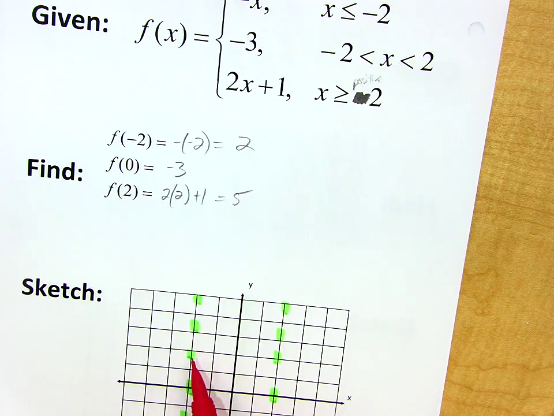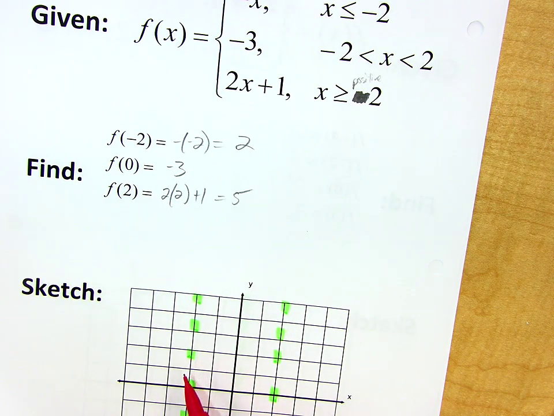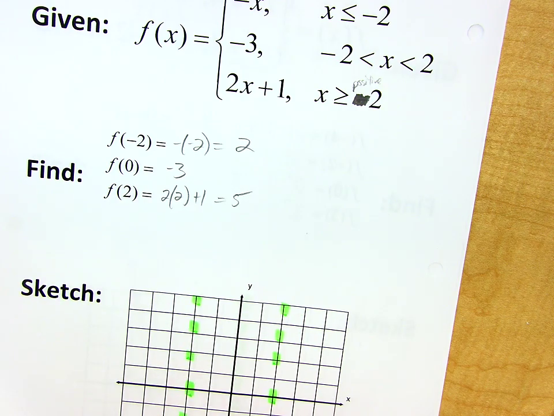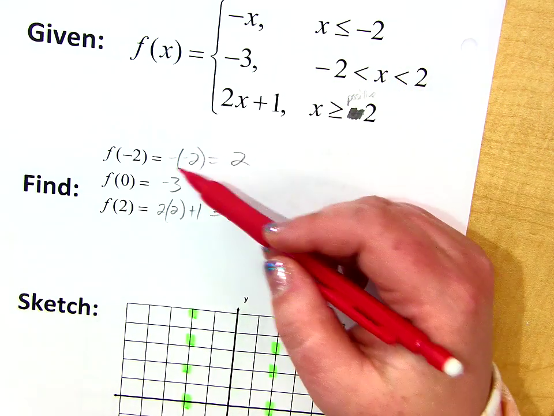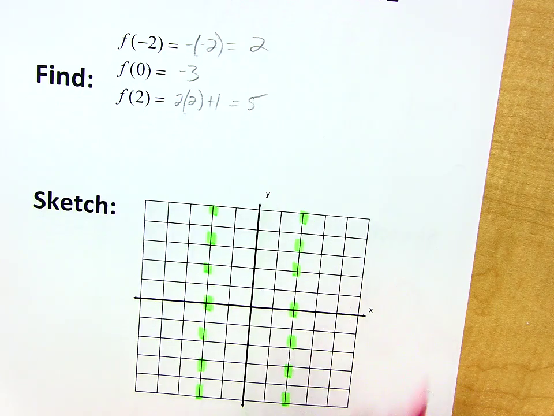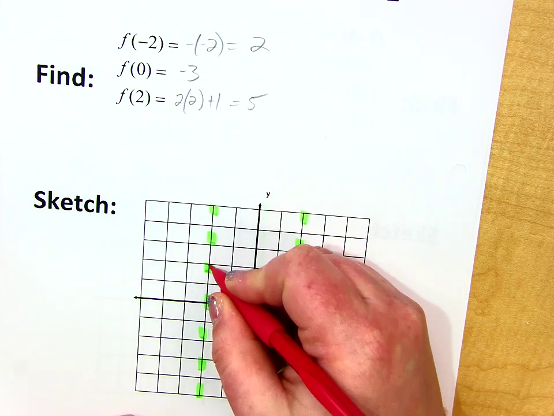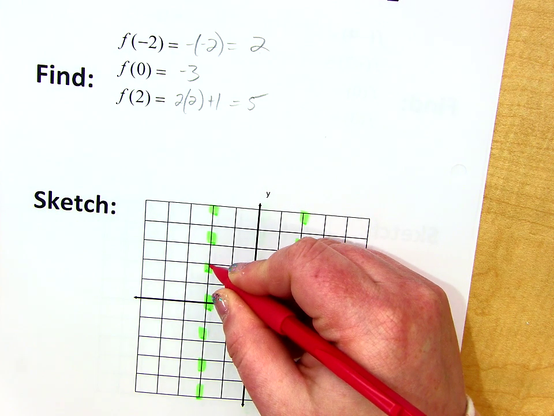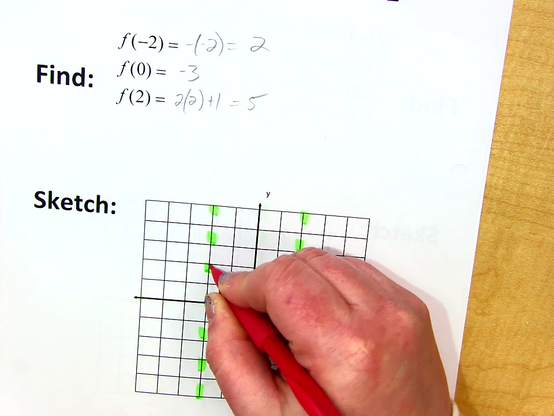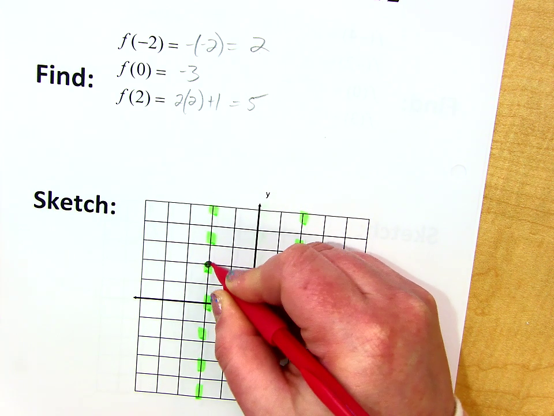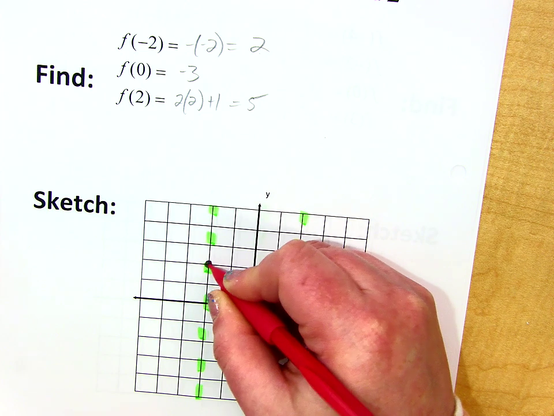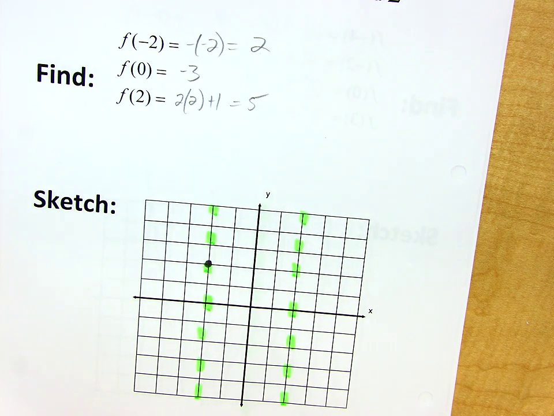You can also plug in the point where it splits and then find that point and follow the slope from there. So in other words, if I plug in -2, I already know what I get out, +2. So -2, +2. Should this be an open or a closed dot right here? Closed, because my top function does exist when x is -2.